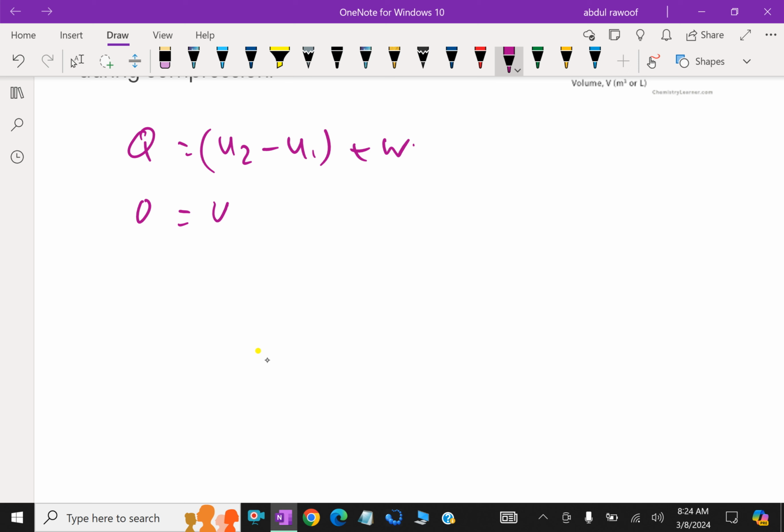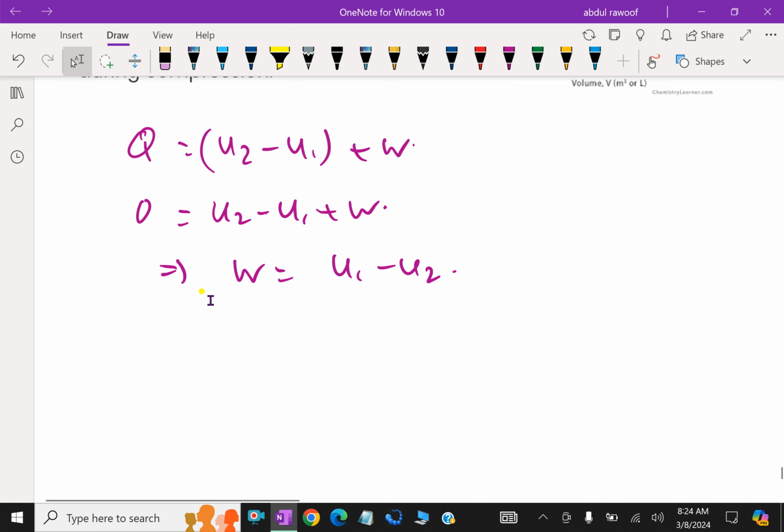That is, 0 equals U2 minus U1 plus W. Therefore, from here we can write W equals U1 minus U2. This is true for an adiabatic process, whether the process is reversible or not.